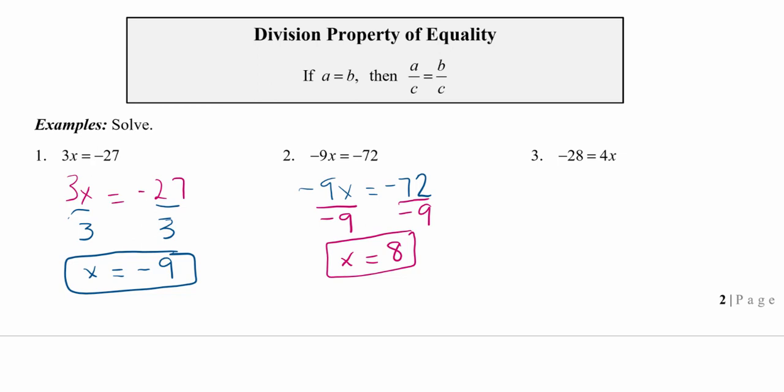Number 3, we have negative 28 equals 4x. We're going to divide both sides by 4. And that gives us x equals negative 7. And we know that 4 times negative 7 is negative 28, so that definitely checks.